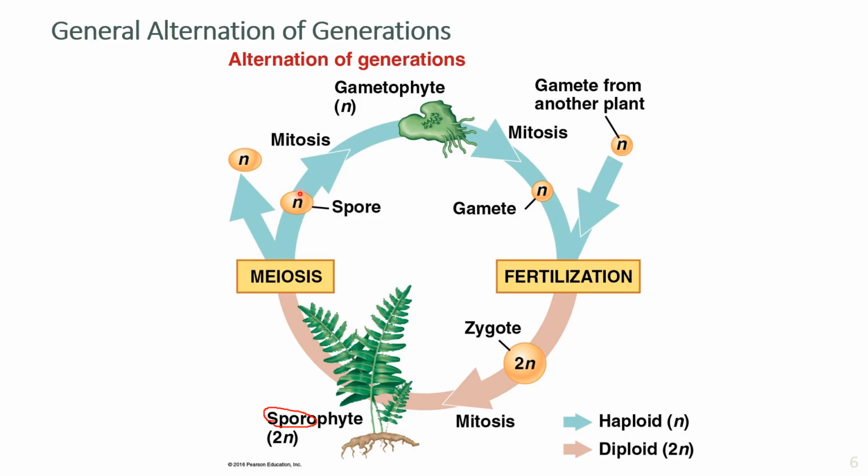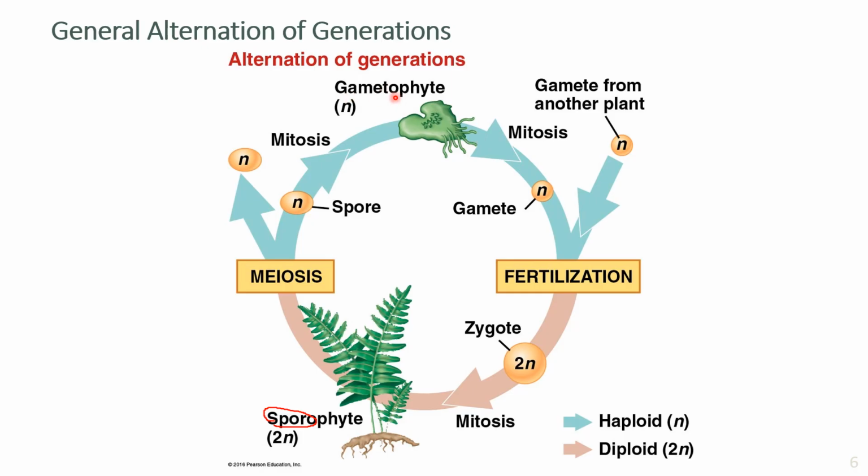That spore then grows into the gametophyte. So we'll just call it the plant because that's what you're familiar with. The plant, the sporophyte, produces haploid spores. Those spores grow into the gametophyte, and they grow by mitosis, just like you grow by mitosis.